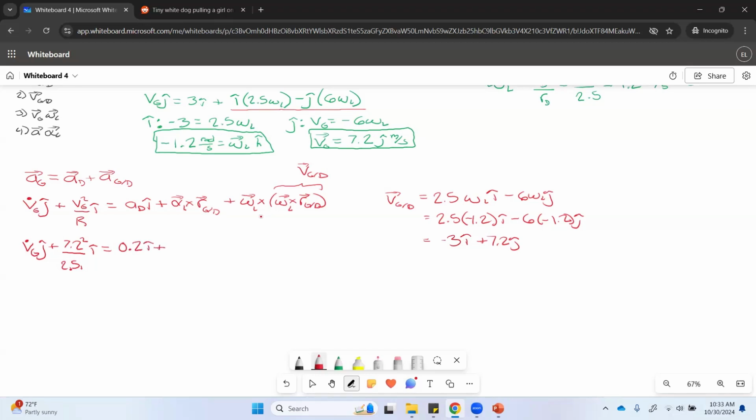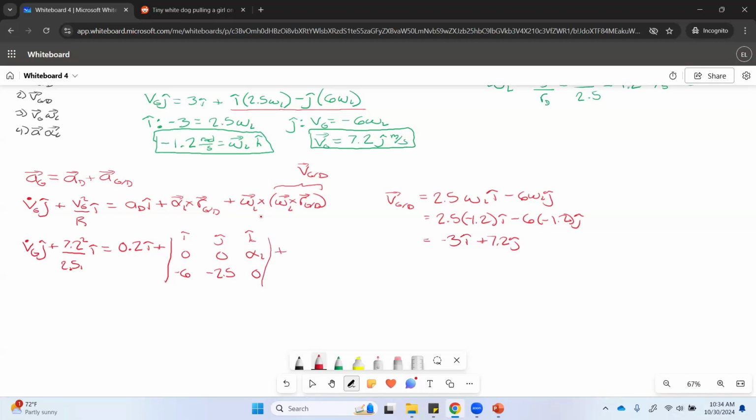plus, now we've got a cross product here, I, J, K, 0, 0, alpha, and RG with respect to D, which we had previously calculated to be negative 6 in the I, negative 2.5 in the J, and 0.